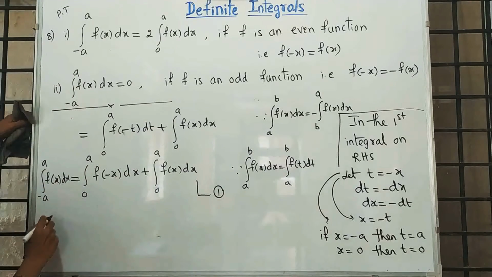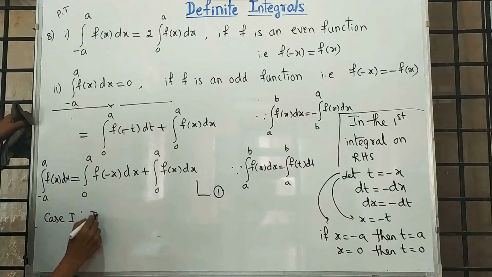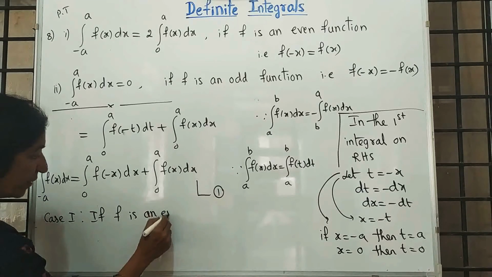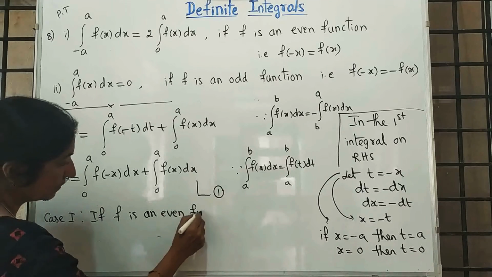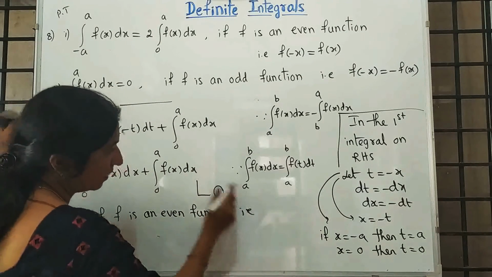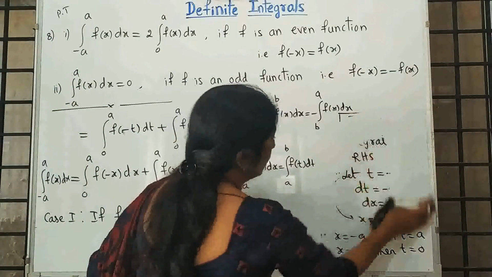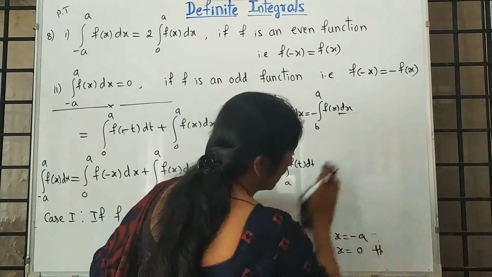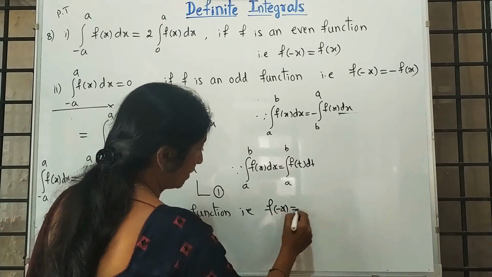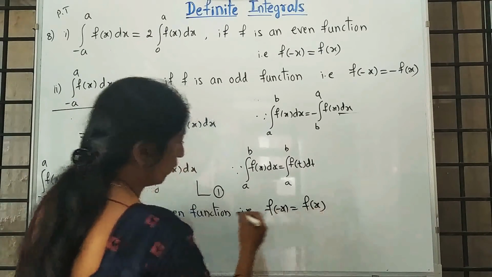Now first case, if f is an even function, what is the property? The property is f of minus x is replaced by f of x.